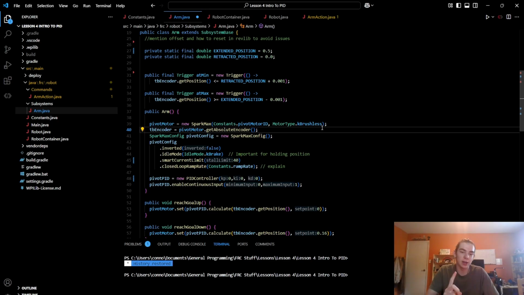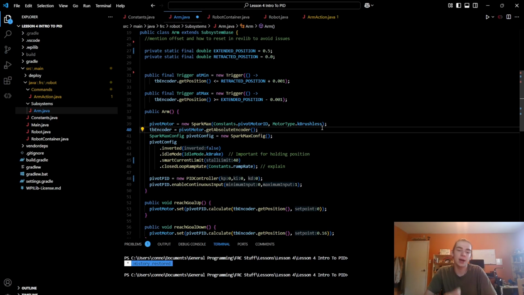In this case, we have the inverted set to false. The idle mode is brake, and this is usually important when you want to have something that usually stays where it's supposed to be. In this case, when the robot's active, you don't actually need to worry about that.